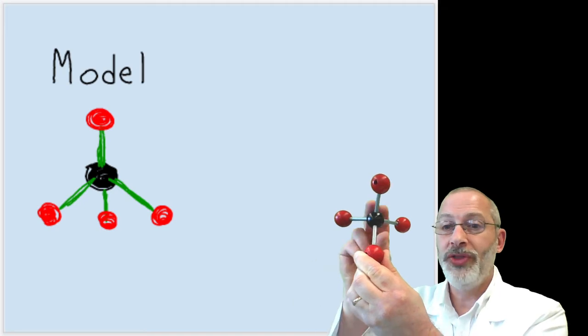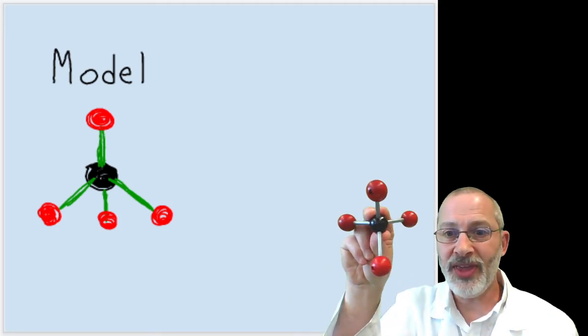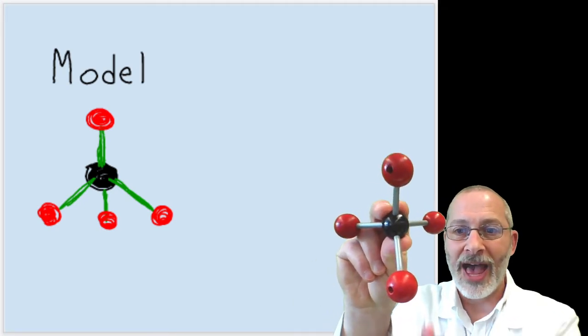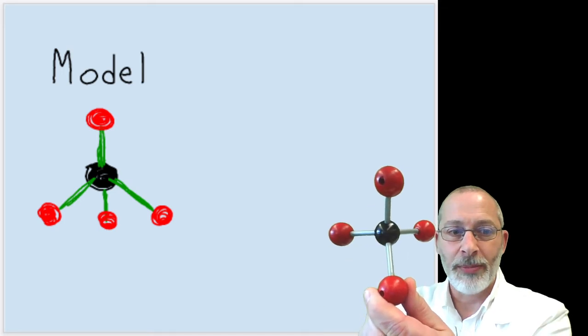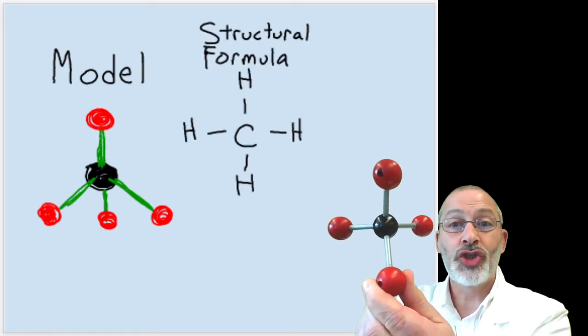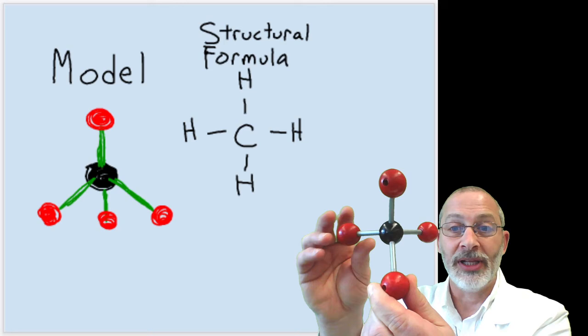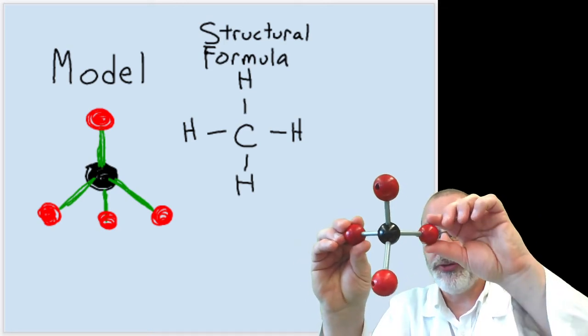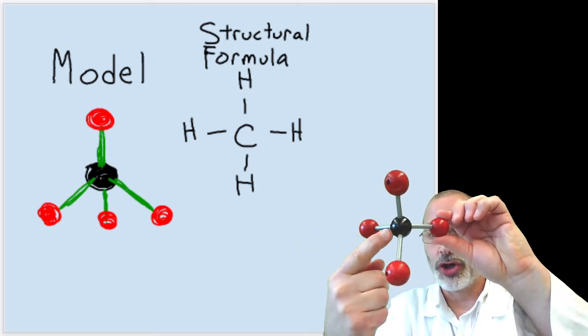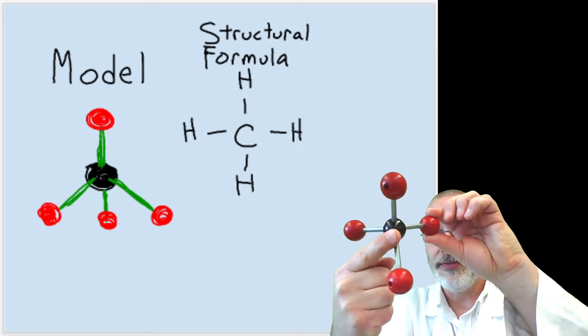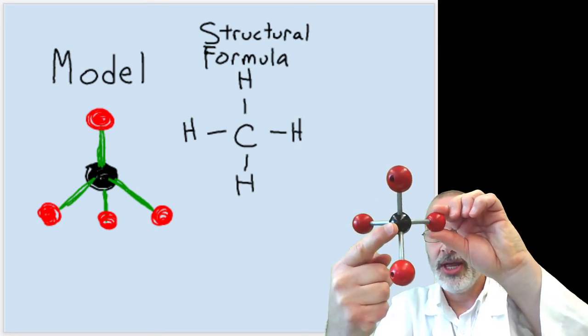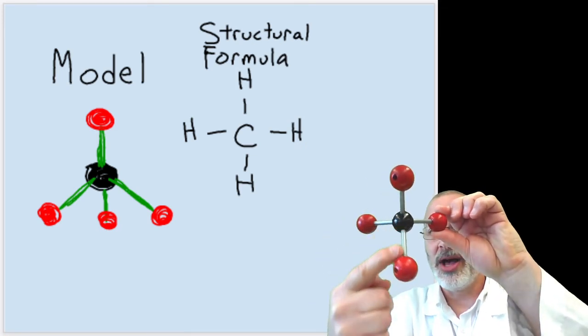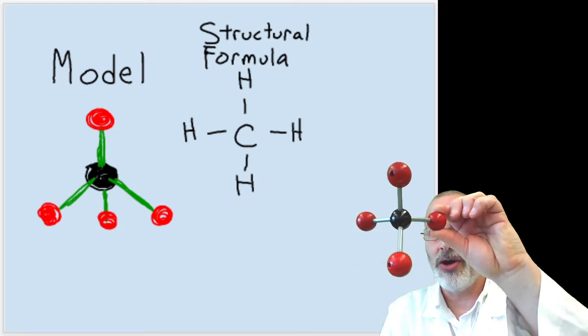And if you hold the model like this while you're looking at it, you will be able to draw the structural formula. The structural formula, you have the carbon in the center, and you have single bonds coming out from that carbon.